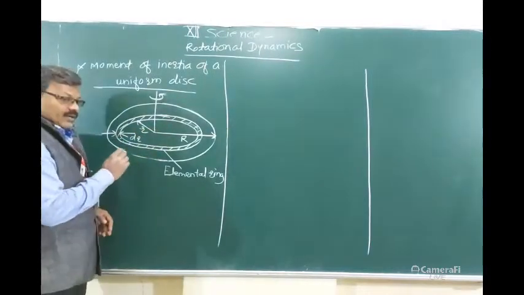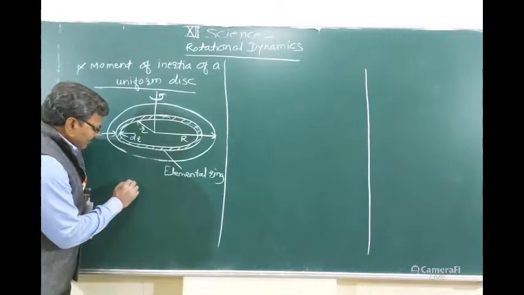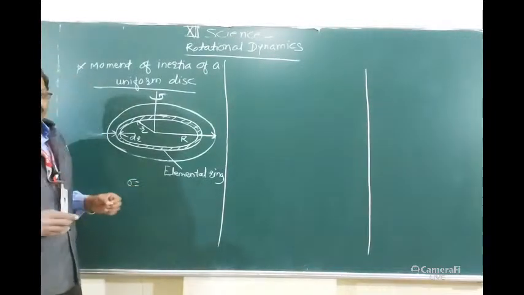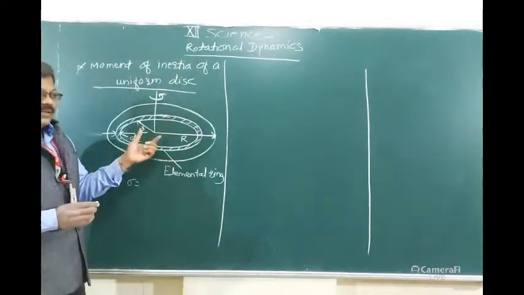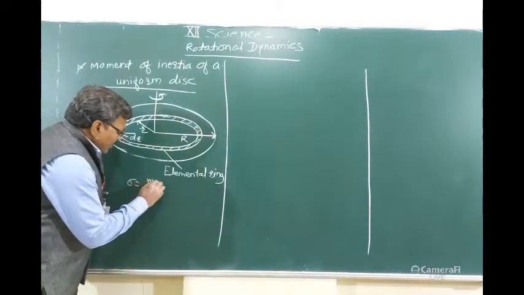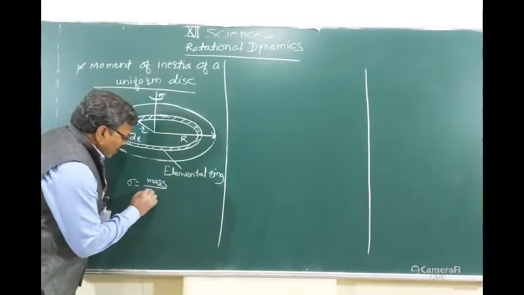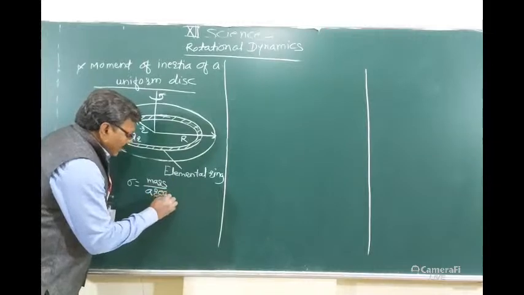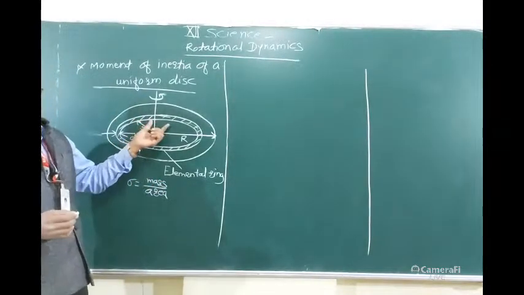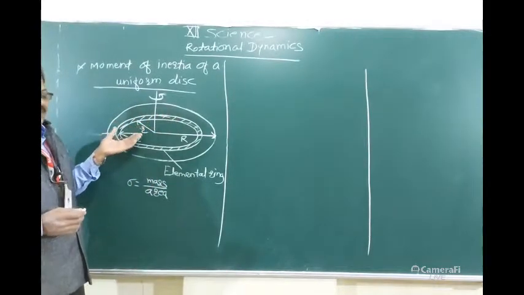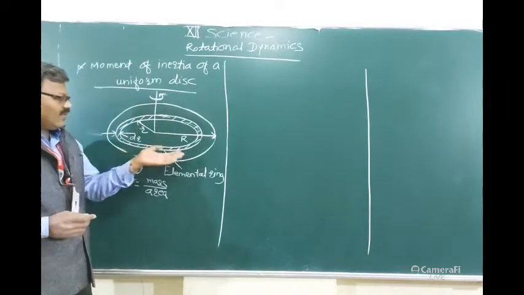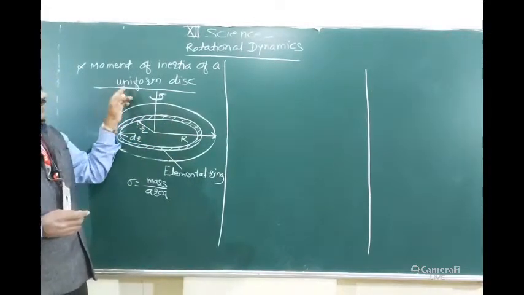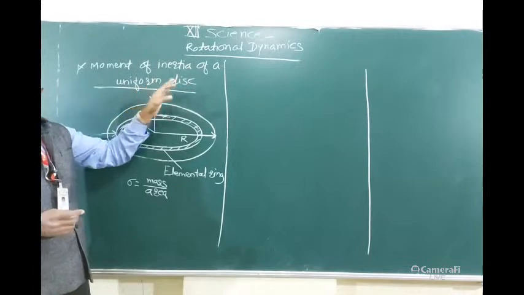Mass per unit area is the surface density, sigma, which is equal to mass upon area. When the mass per unit area is constant throughout the body, it is called a uniform disk.